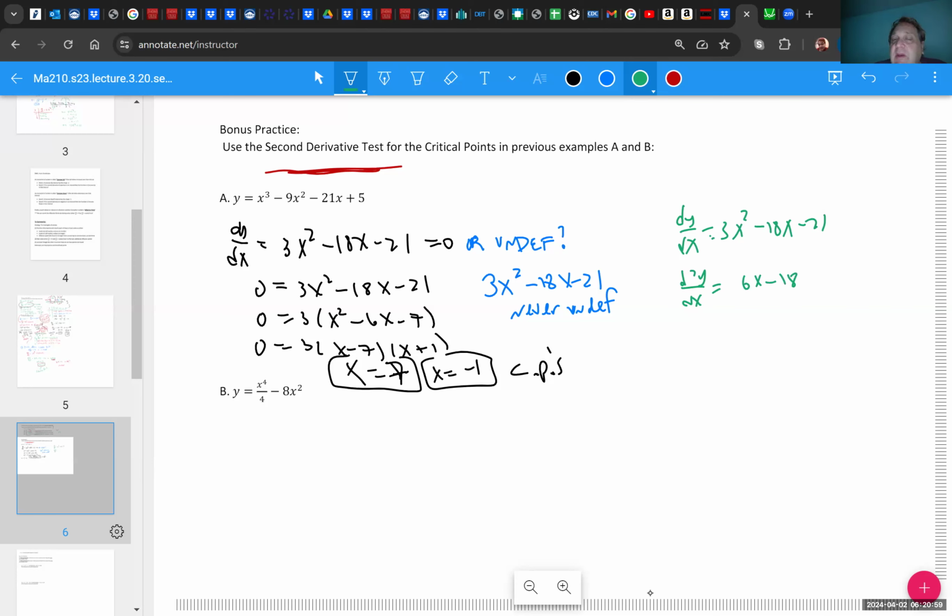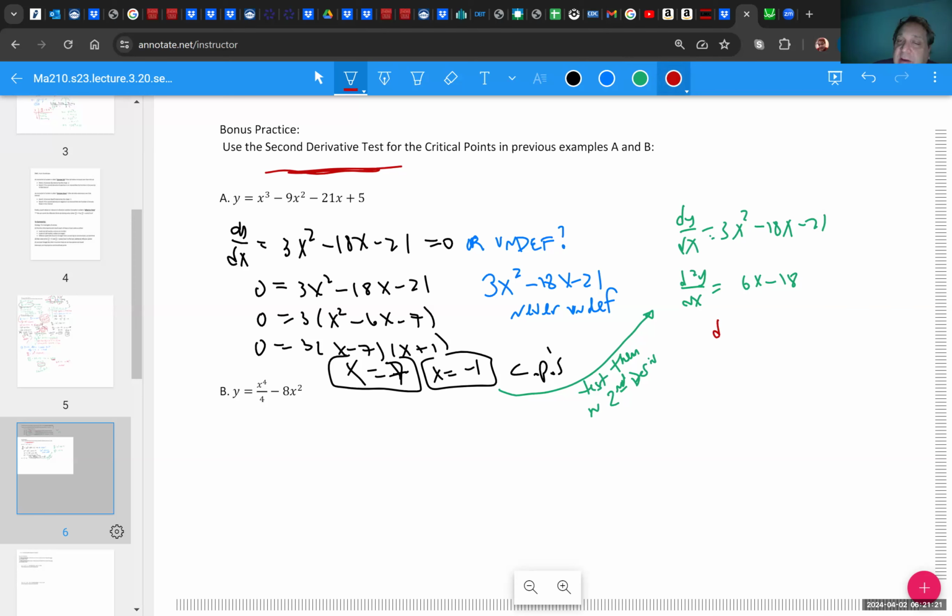Then we're going to put each of the critical points into the second derivative and test them. So what does that look like?